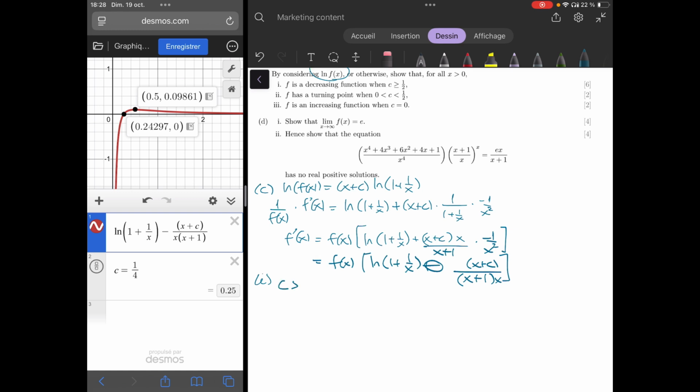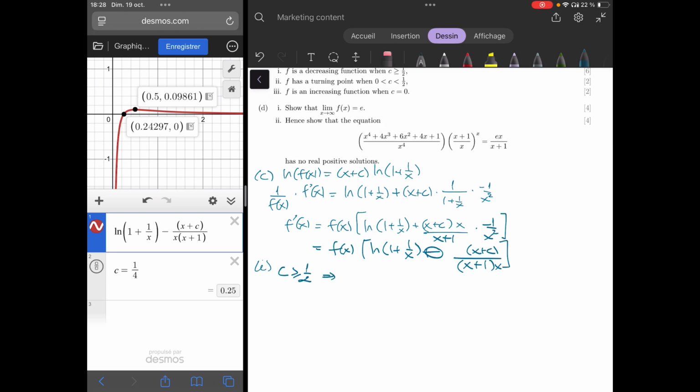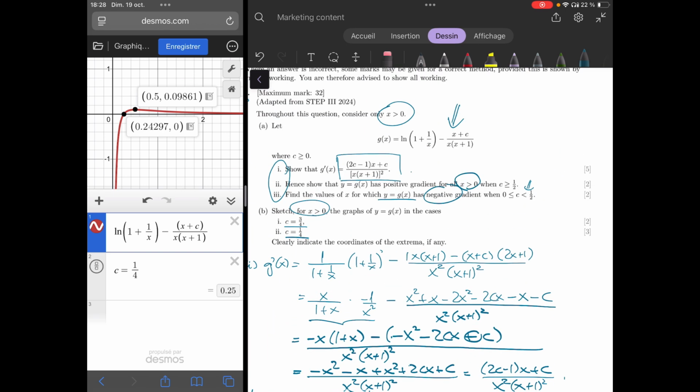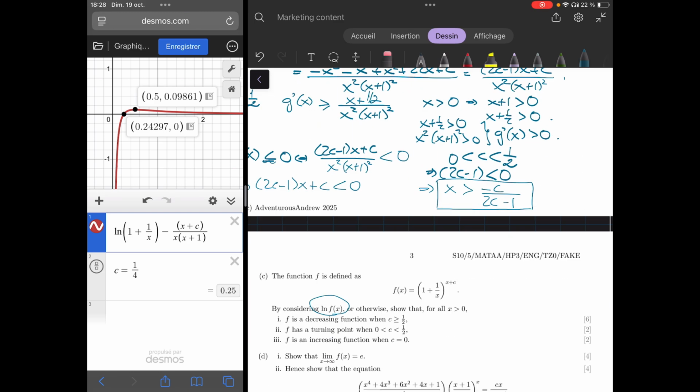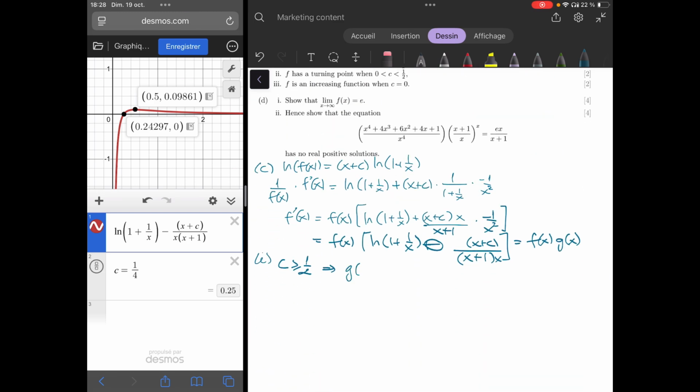So if c is greater or equal to a half, this means what? This means that g of x has positive gradient for all positive x. So g of x is greater than 0 for all positive x.